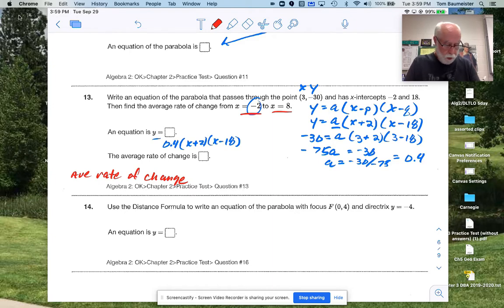So remember, we can write that as f of 8 minus f of negative 2 over 8 minus a negative 2. Sorry, that's a negative there. Right? So f of 8 minus f of negative 2 over 8 minus a negative 2. So somewhere off to the side, you should have said f of 8. And you're plugging that in.